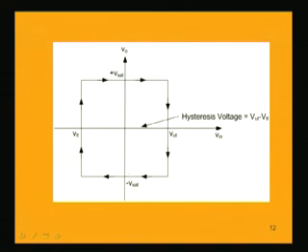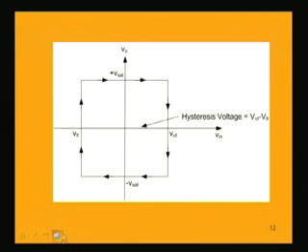Now when we have V in less than VUT, in the positive half cycle, this is the upper threshold voltage, because in the positive half cycle the output voltage will be V saturation, and that is shown here.